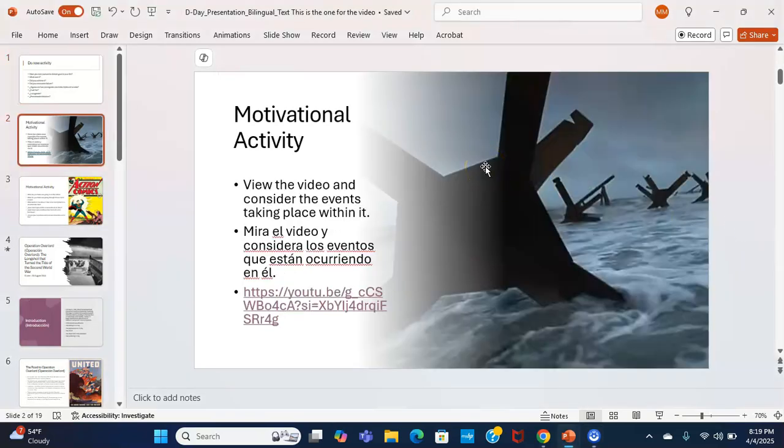The motivational activity. View the video. Next, students view a short clip of the D-Day landings. The English prompt, view the video and consider the events taking place within it, is complemented by a Spanish prompt right below for ELLs to help understand. This video clip is from the movie Saving Private Ryan.